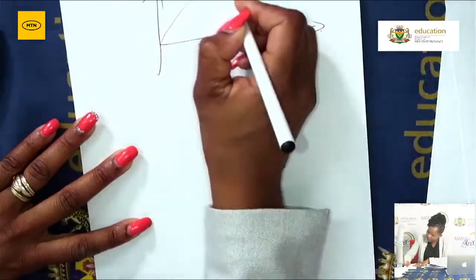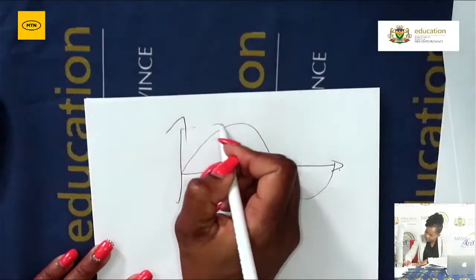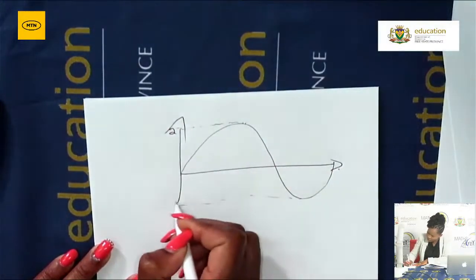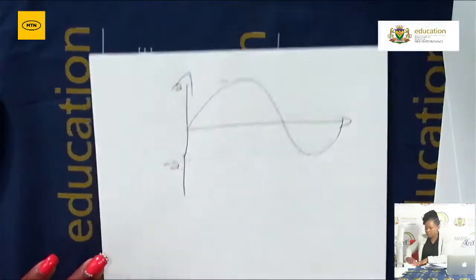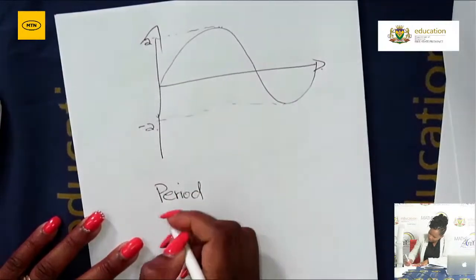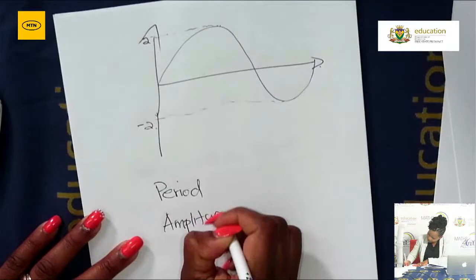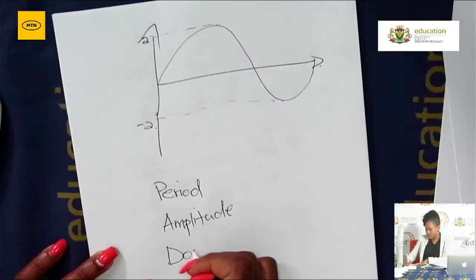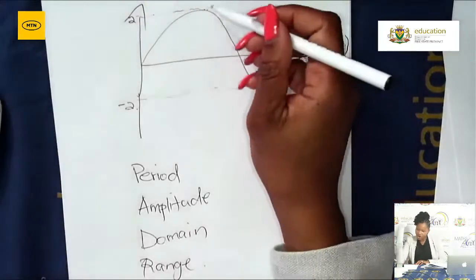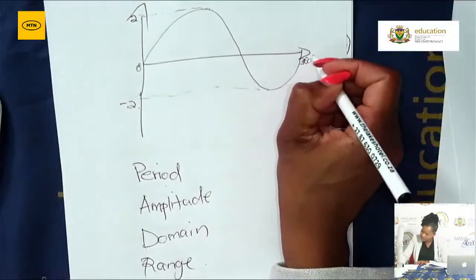The basic graph of a sine graph, here's the basic graph of your sine graph. If the maximum there is 2, and then here we have negative 2, when we identify period, amplitude, domain and range, your period for sine graph is 360 degrees.